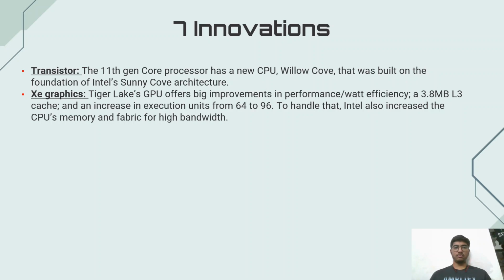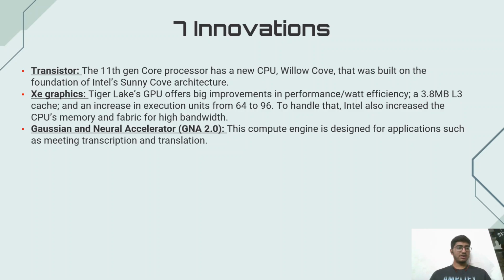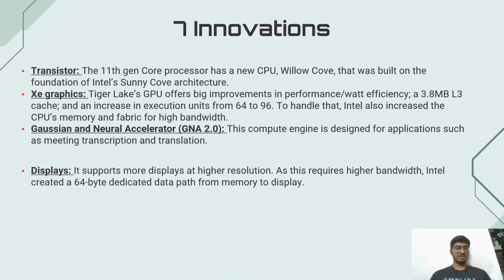Tiger Lake's GPU offers big improvements in performance, watt efficiency, a 3.8 MB L3 cache, and an increase in execution units from 64 to 96. Now the Gaussian and neural accelerator. This compute engine is designed for applications such as meeting transcription and translation.